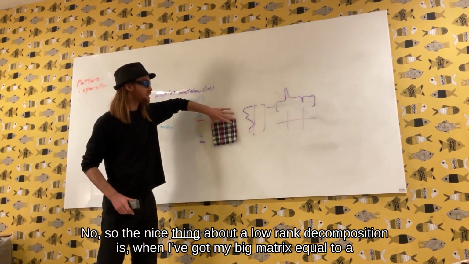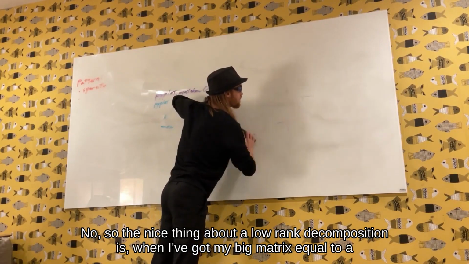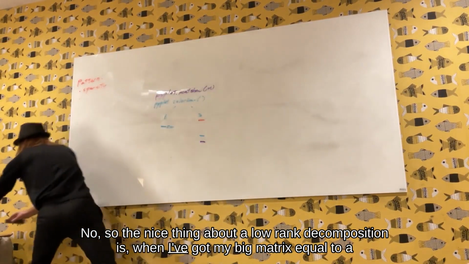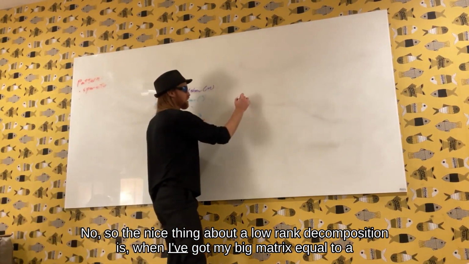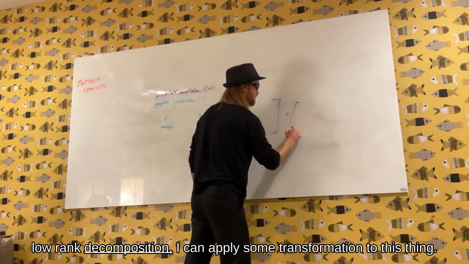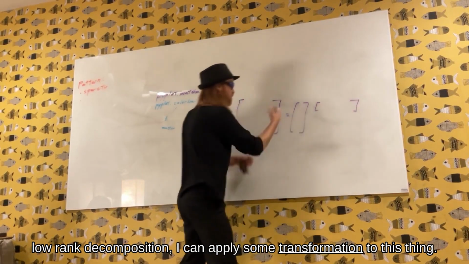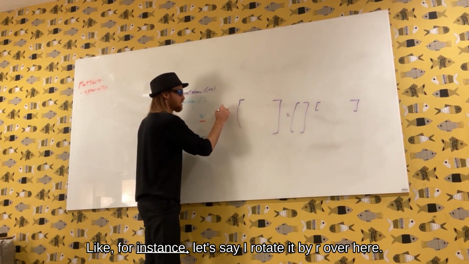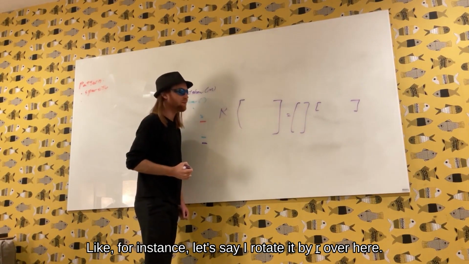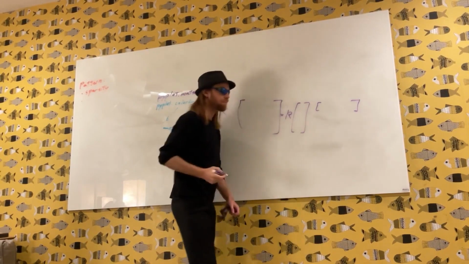No. So the nice thing about a low rank decomposition is, when I've got my big matrix equal to a low rank decomposition, I can apply some transformation to this thing. Let's say, for instance, I rotate it by r over here. Well, that's going to rotate this vector.